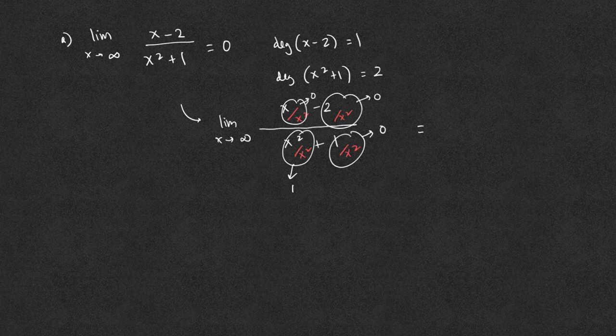And so we would end up with (0 minus 0) over (1 plus 0), which is 0 over 1 or 0. And so this limit is 0.